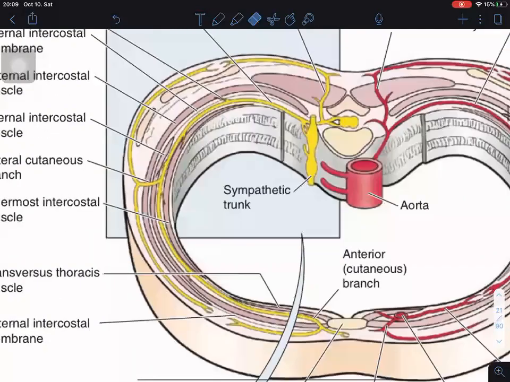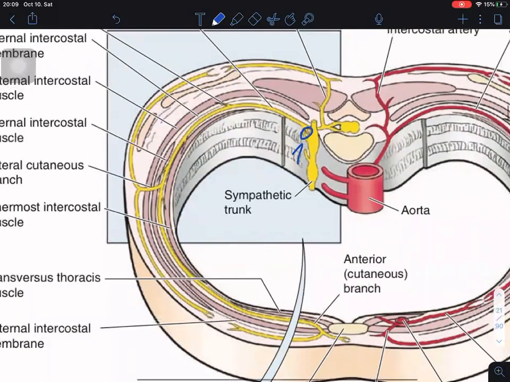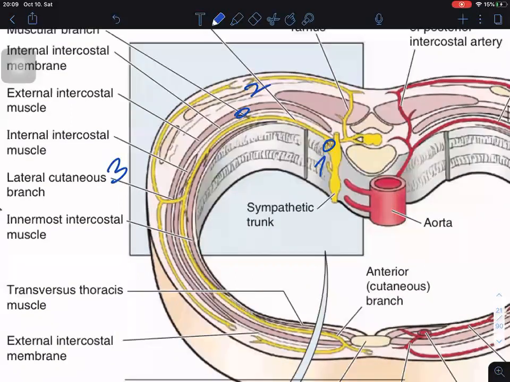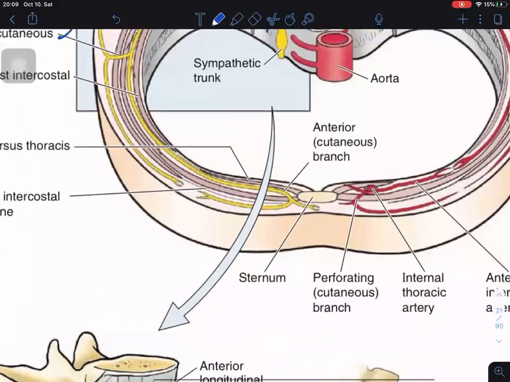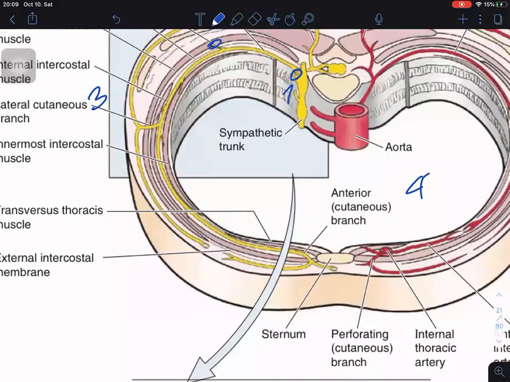So far, how many branches did we talk about? Rami communicants 1, muscular branches 2, lateral cutaneous branch 3, and anterior cutaneous branch, where is it written? Here, 4. Okay, so these are all common features that we have in the typical intercostal nerves.